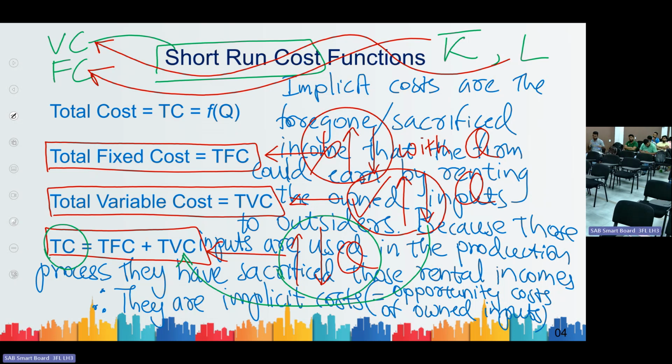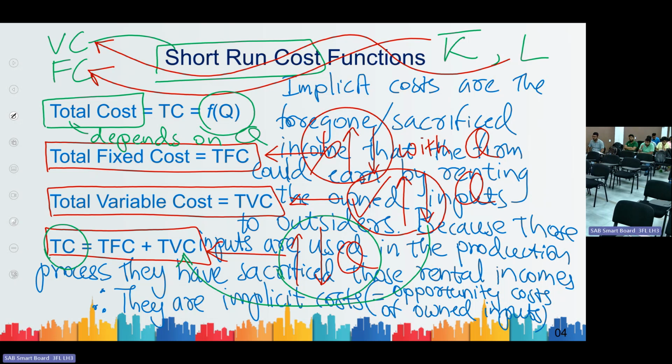That's why we say total cost is a function of output. That means total cost depends on output. When output changes, total cost also will change.